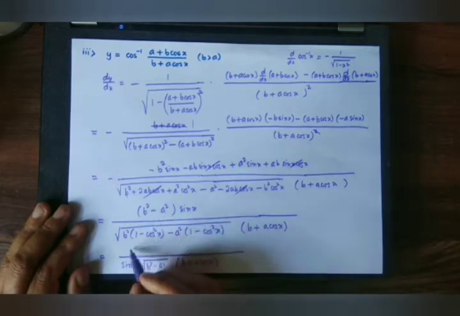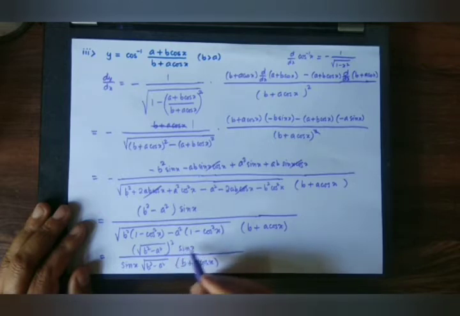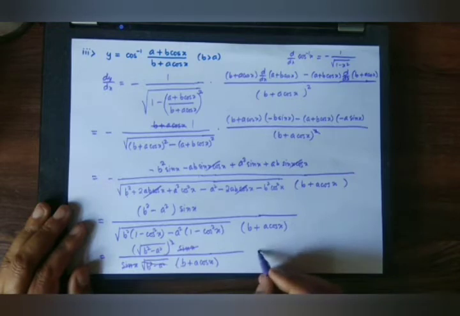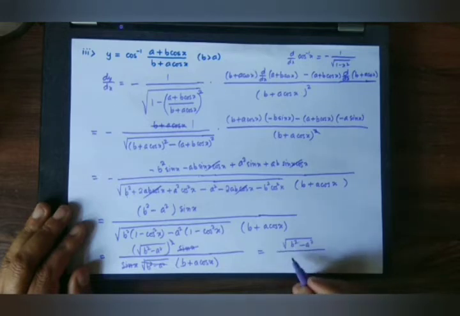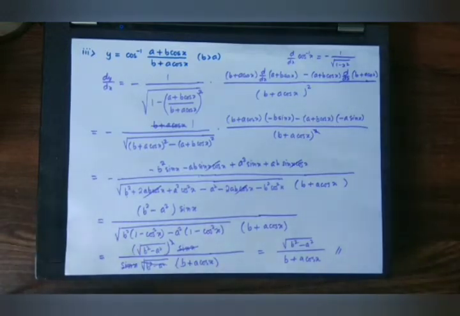So this again can be written as root over b square minus a square whole square, and we have got sin x here. So sin x and sin x can be removed, so ultimately what is left? We are left with b square minus a square divided by b plus a cos x, right? So this will be our dy by dx. So pause the video to note down.